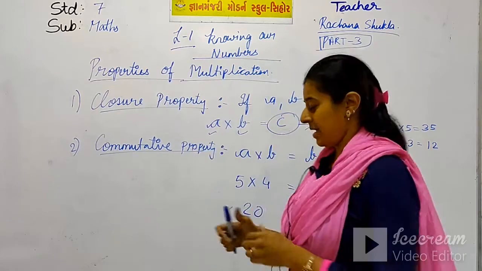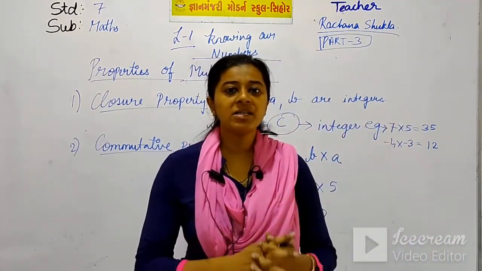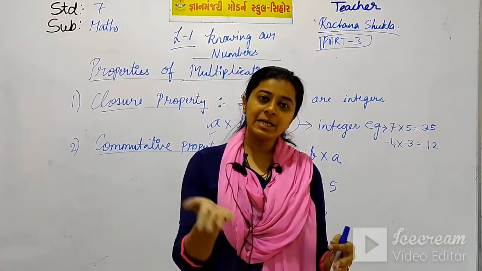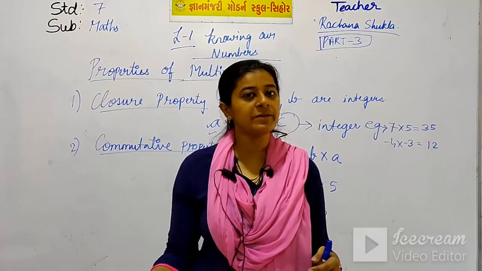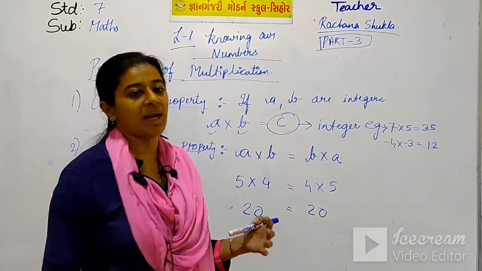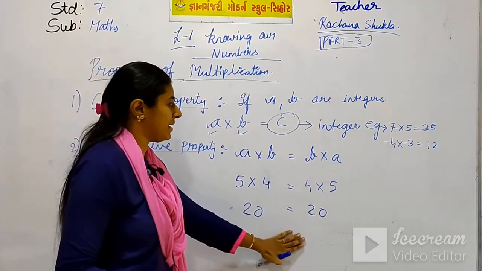So you got the same answer. One more example, minus 4 into minus 3, that is 12. If you multiply minus 3 into minus 4, again you will get 12. So the order does not matter in the commutative property of multiplication.